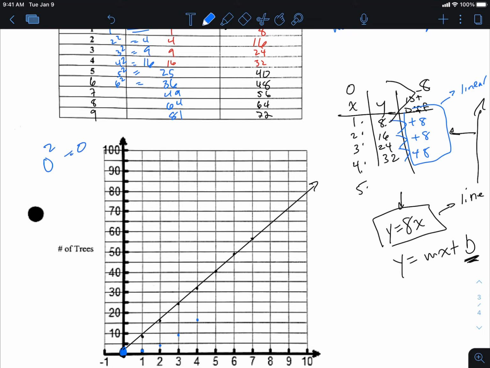Right? And 5 squared is going to be 25. 6 squared is going to be 36. 7 squared is going to be 49. 8 squared is going to be 64. And then 9 squared is going to be 81.